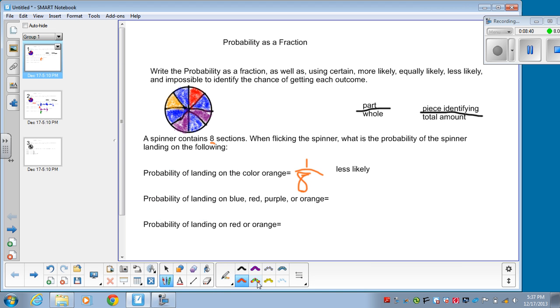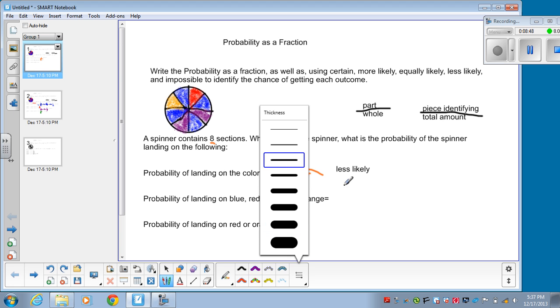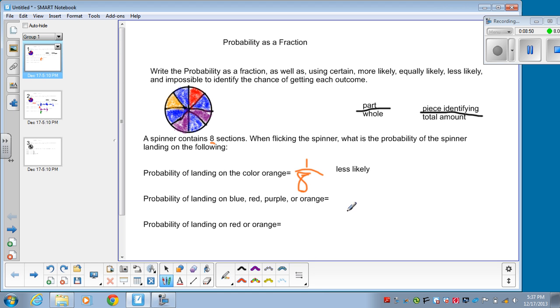I think this is as rainbow as we'll get. There's a total of 8. We have 4 blue. We have 1 red, 2 purple, and 1 orange.